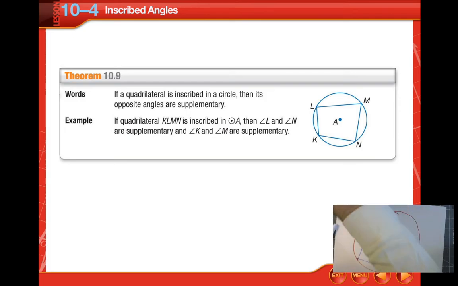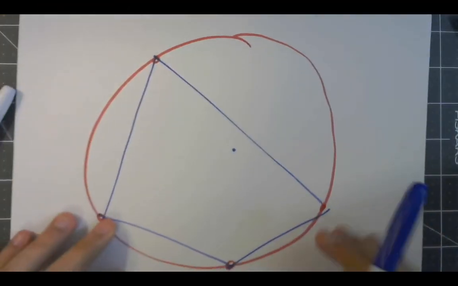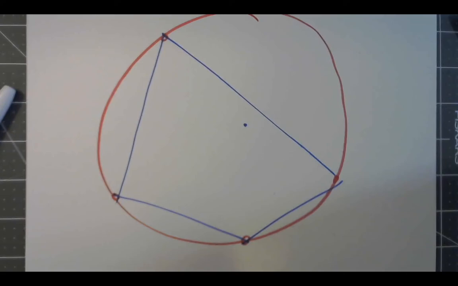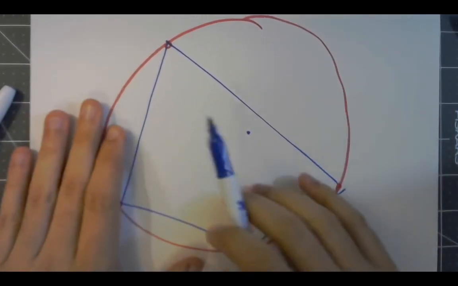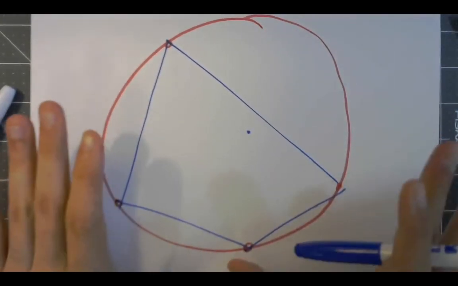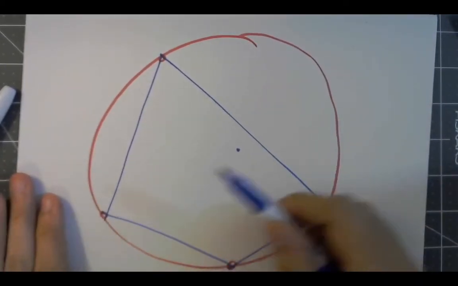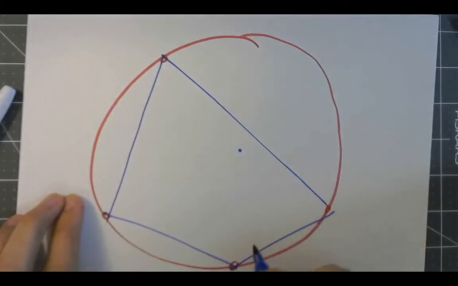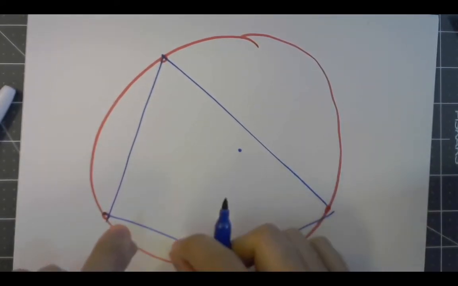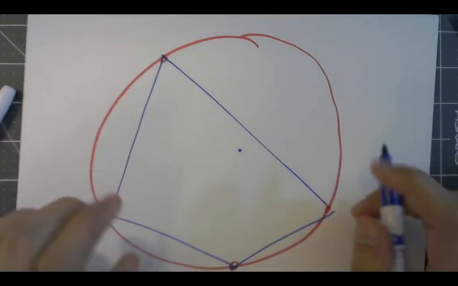What this is saying, so let's go to the zoom in. We have this circle and we have this shape. No matter what four-sided shape you draw in it, once again, I encourage you to draw a circle on your paper, draw 4 points, and connect those points. They can be as close as possible, they can be as far away as possible.